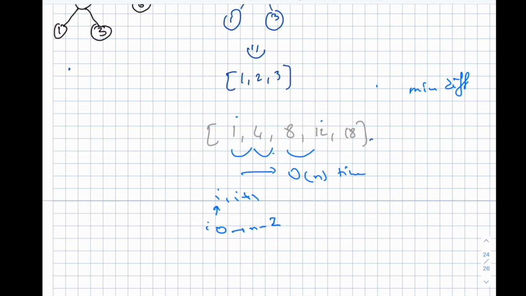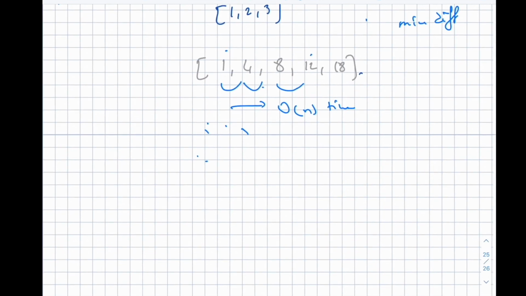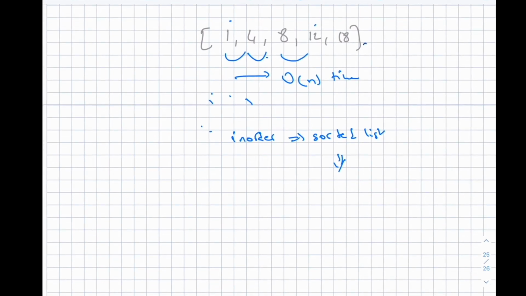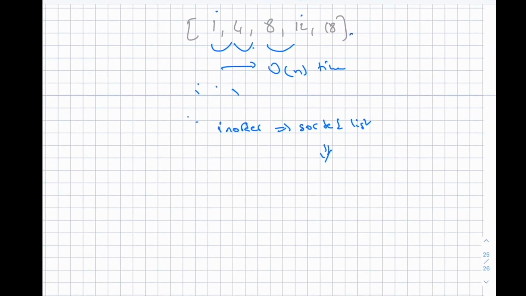So this tells us there is an approach to solve this problem where we do the in-order traversal to get a sorted list, and then from the sorted list, we can get the minimum difference using just an O(n) scan, right? So basically get the min difference, okay?